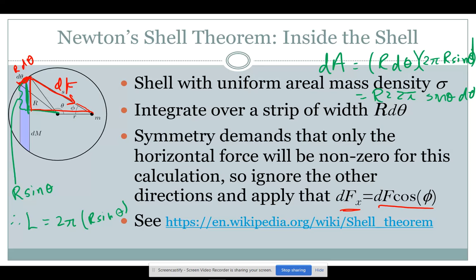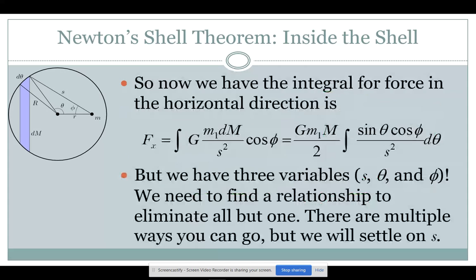And actually, I put the direction that this little mass would be pulling on the sphere. I should have put the direction that the sphere would be pulling on the little mass, which would be that direction. Okay, so now if we look at this, we have a force in the x direction that is going to be, magnitude-wise, G times mass 1, what is mass 1 here?